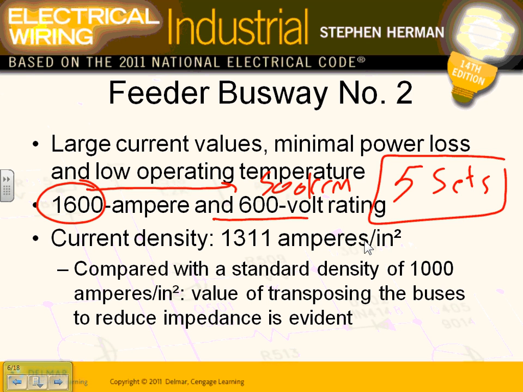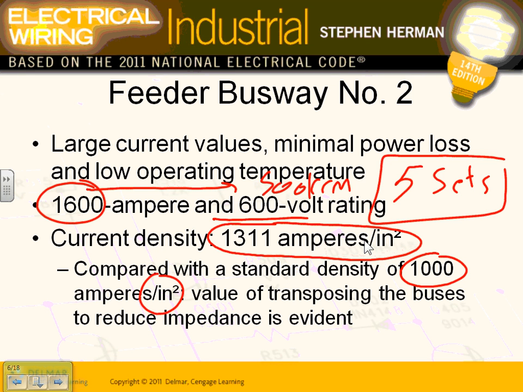Look at the current density, guys. There's something called current density. If you take the amps divided by the square inch of the conductor, they call it current density. The current density of this busway is 1311 amps per square inch. If you compare it with a similar conductor, conductors can carry 1000 amps per square inch for the most part in this application.